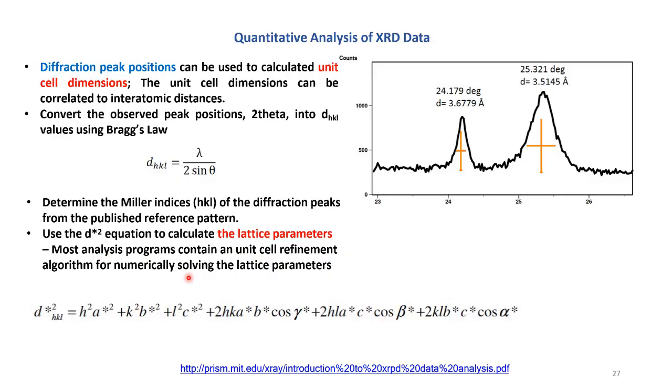Most analysis programs contain a unit cell refinement algorithm for numerically solving the lattice parameter, so you do not need to manually solve it; the software has a built-in algorithm to calculate these equations.